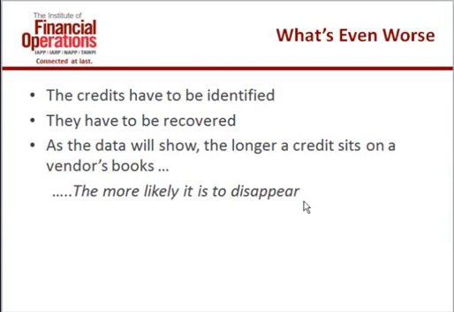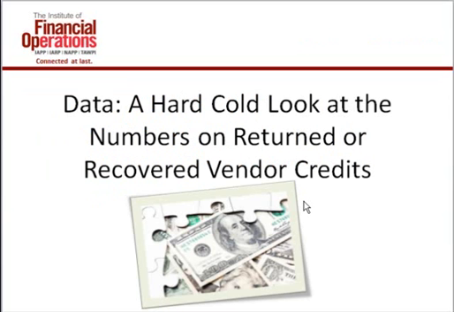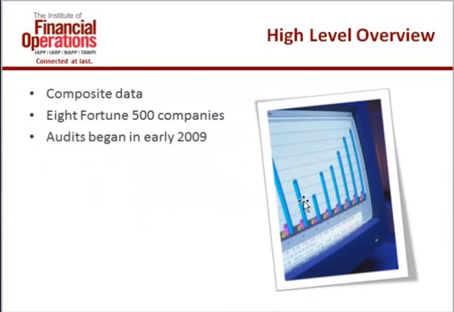Okay. And now what we haven't talked about at all, and we're going to start talking about, is we're going to show you data that shows the longer you leave that credit outstanding, the more likely it is to disappear. So we want to start off by talking about some composite data that we put together. This is on a few of Lavante's audits that will be done in the beginning of 2009, so basically data from 2008 and prior, from 8 Fortune 500 companies.